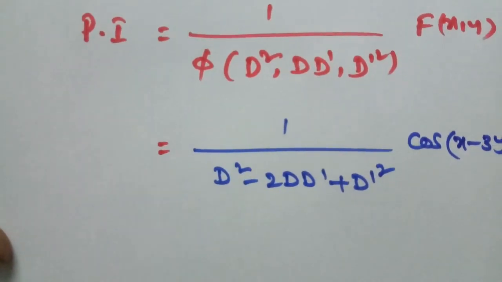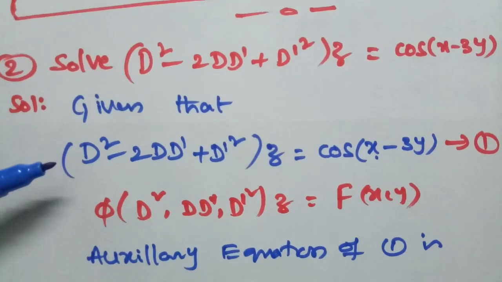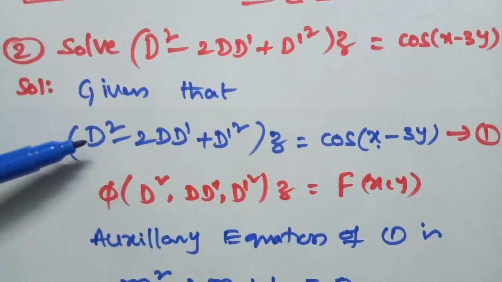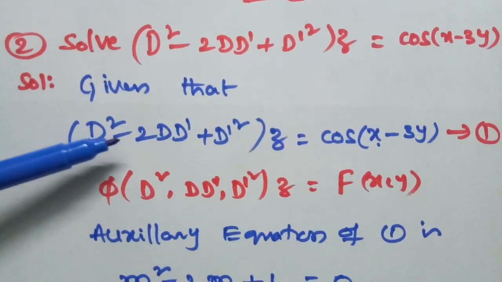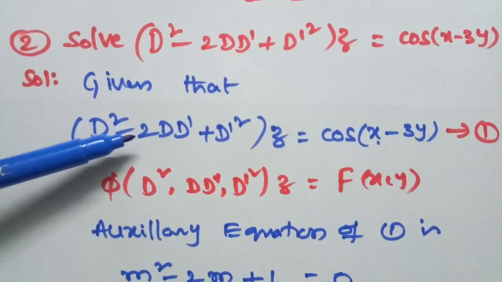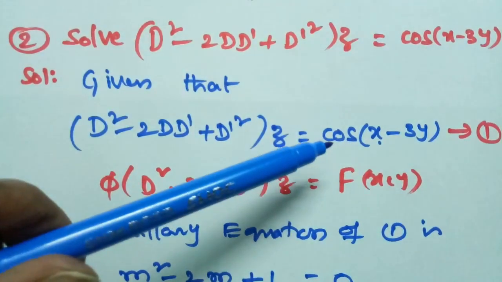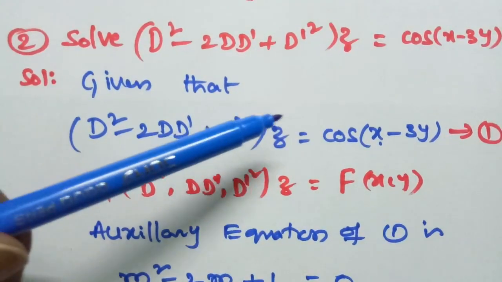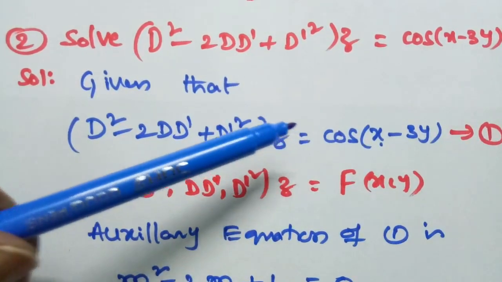This is given in the problem statement. Therefore, equation number 1, D square minus 2 D D dash plus D dash square, we are writing in the denominator, is equal to right hand side is cos of x minus 3y. This is f of x comma y.